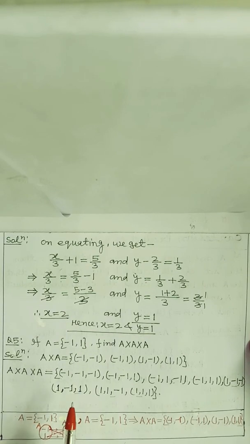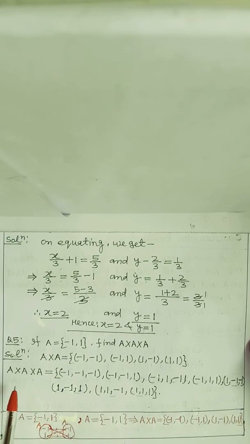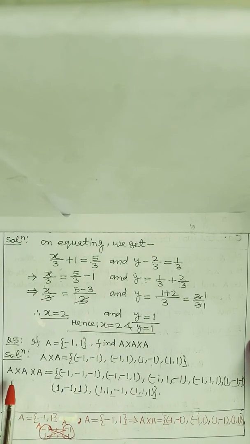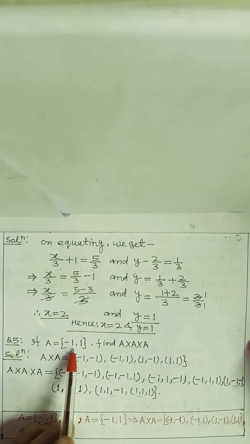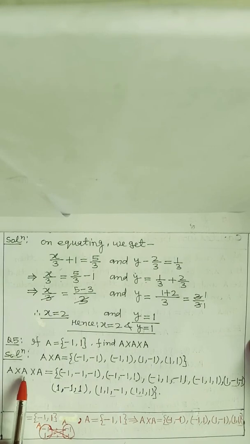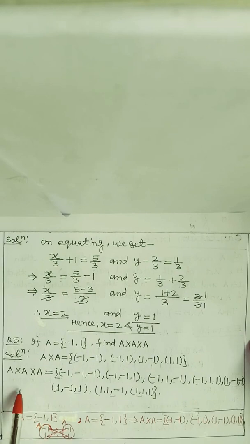Here we use the formula to find the number of elements in A cross B. Using that formula we can also find the number of triplets in A cross A cross A. A having two elements, n(A cross A cross A) is equal to n(A) into n(A) into n(A), 2 into 2 into 2, you will get 8.